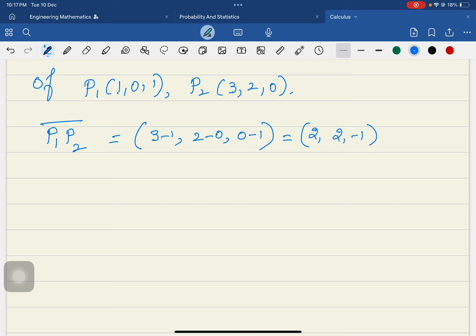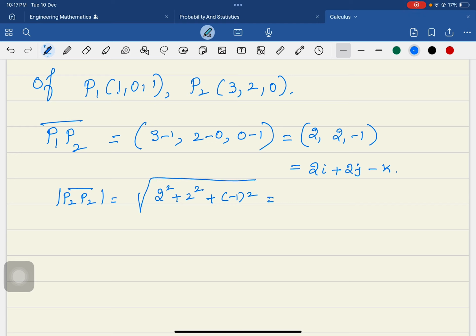So we can express this as 2i plus 2j minus k. Okay. Now what is the magnitude of this vector? P1 P2 bar is given by 2 squared plus 2 squared plus minus 1 whole squared, under root. So that is 4 plus 4 plus 1 is 9. So it is root 9, which is 3.